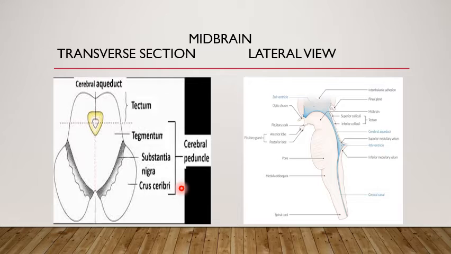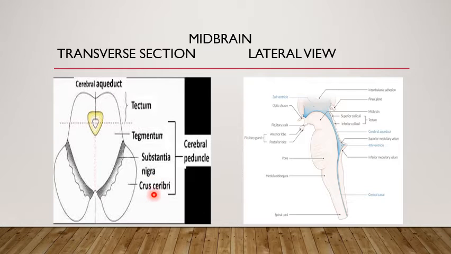And now besides this, we need to also understand that the part lying in front of the transverse line is made up of right and the left cerebral peduncles. Each consists of three parts. You can see the parts also here.